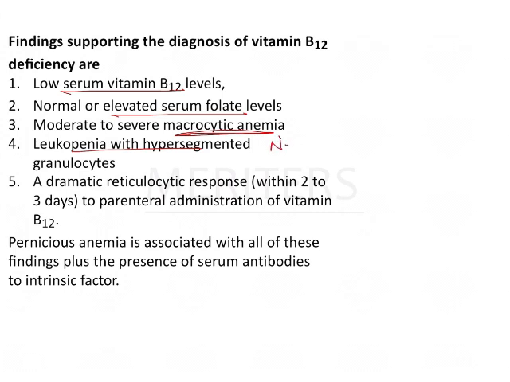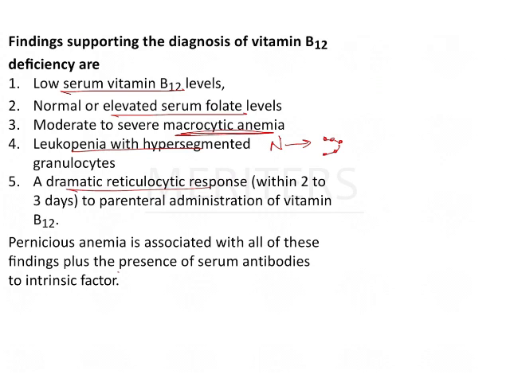That means the neutrophils show about 5 lobes. And this is one more characteristic feature of megaloblastic as well as pernicious anemia. Dramatic reticulocyte response, in the sense that if you administer vitamin B12, you will see an increase in the number of reticulocytes.